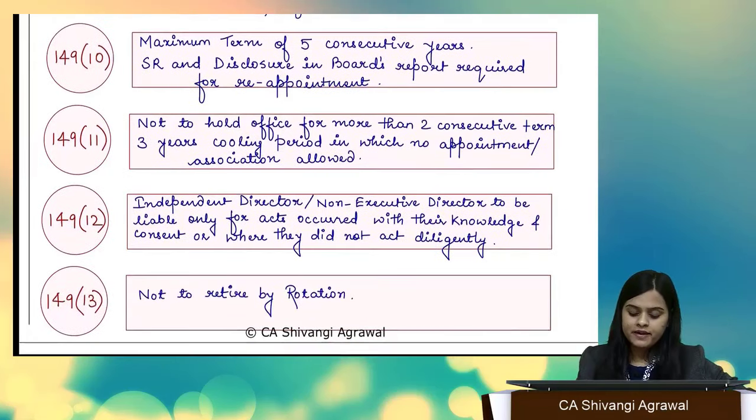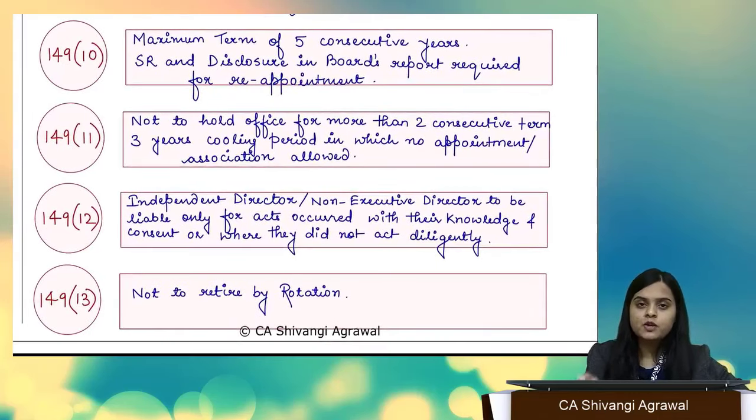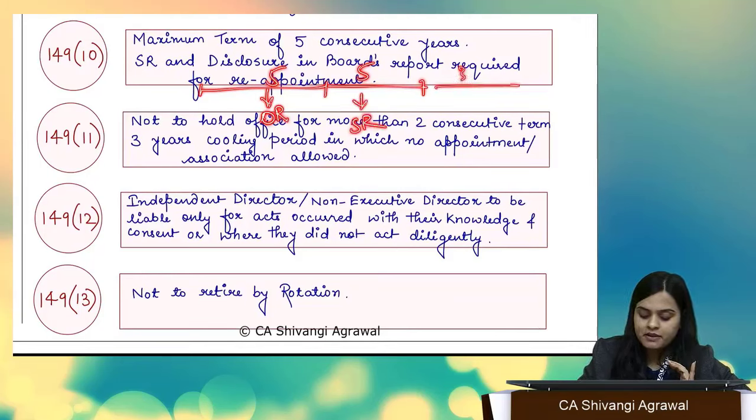You will be appointed for 5 years. You may be appointed for a shorter term also, but you cannot be appointed for more than 2 consecutive terms. And any term shorter than 5 years will also be treated as one term only. So here you can be appointed for 5 years by passing OR, again for 5 years by passing SR, and then you need to have a cooling period of 3 years.